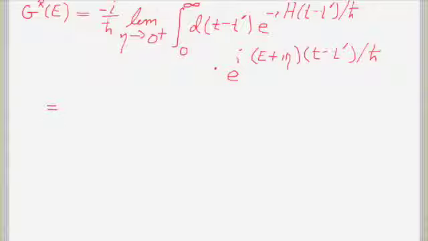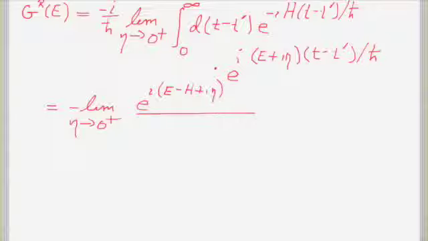So that's equal to negative, limit as eta goes to 0 plus, of this exponential, e to the i (E minus H plus i eta) over h times t over h bar, where when I'm writing this, my t here is really t minus t prime, over the denominator E minus H plus i eta, evaluated from 0 to infinity.